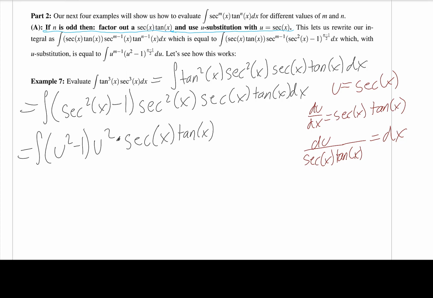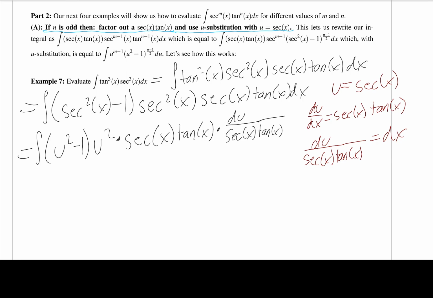So this dx becomes our du over secant x tan x, and now we should see why I left it there, so we can cancel stuff out. Now this cancels with each other.